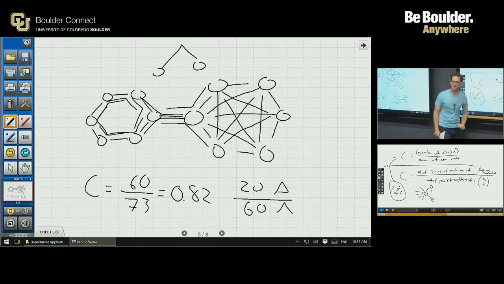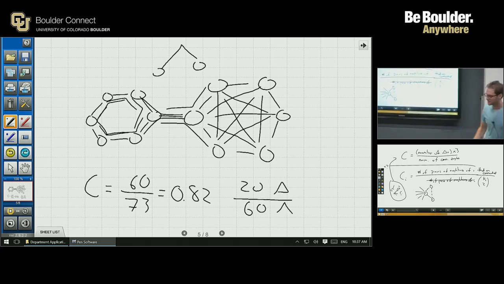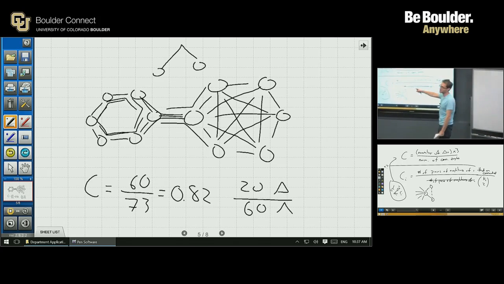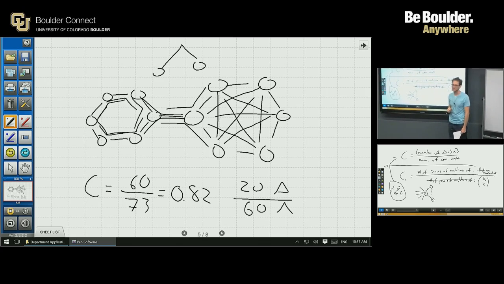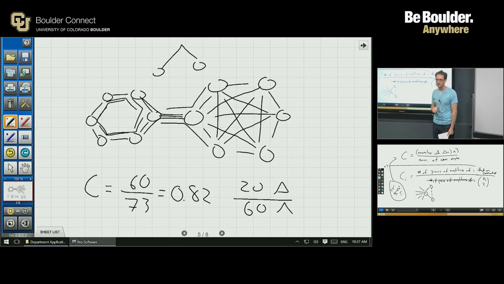So homework. Optional homework. Exercise. Convince yourself that these two things are not the same. They are not, except under very special circumstances, like a clique. And then, so first convince yourself that they are not the same, and then explain why what they're counting is different. Because it looks like they're counting the exact same things, right?